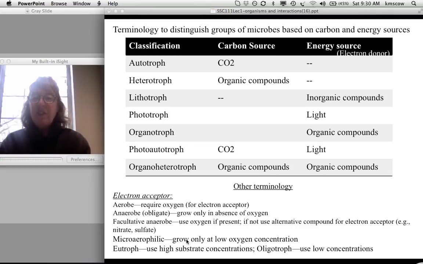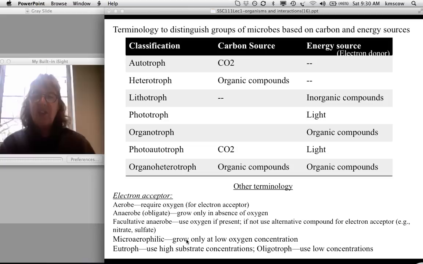So oligotrophs, we often miss them entirely, because when we enrich for organisms, we often offer them up high concentrations of, say, glucose or cellulose or whatever it is we want to enrich them on, and maybe oxygen too. Well, we might put them in a shaking Erlenmeyer flask, and so they're just bombarded with all these high concentrations and rich amounts of food, and they can't handle it. They die.